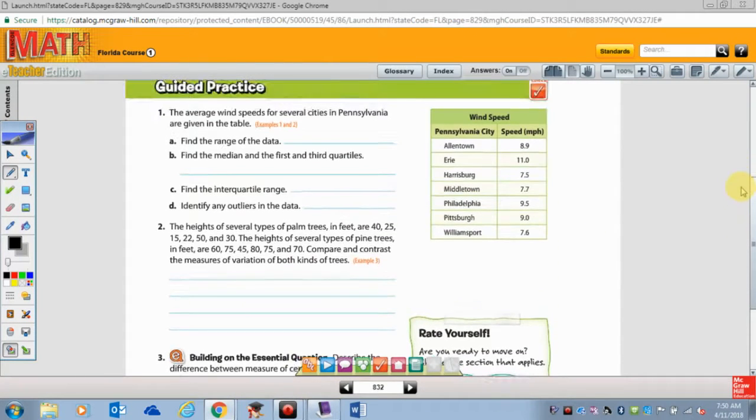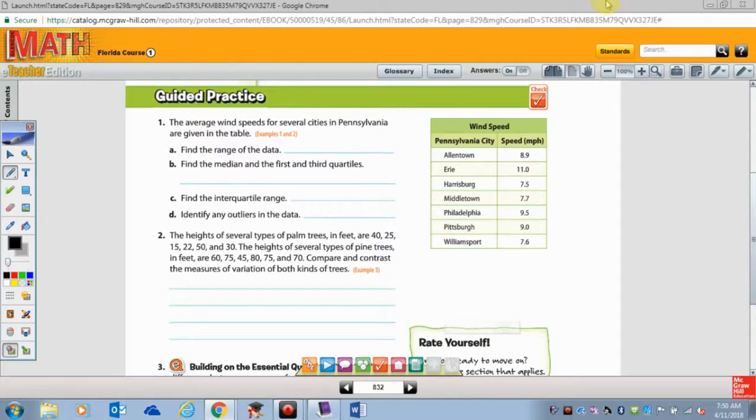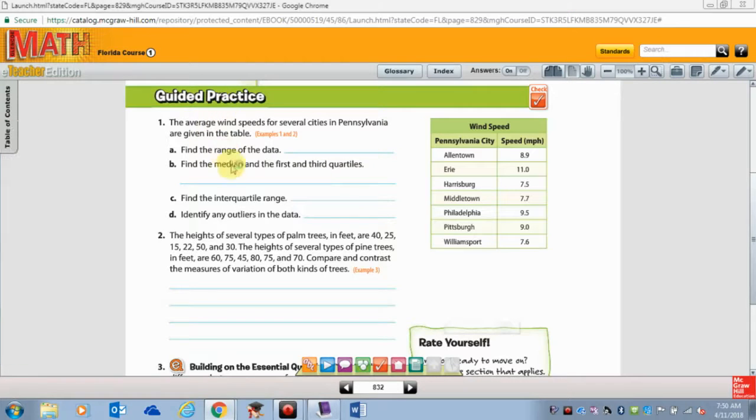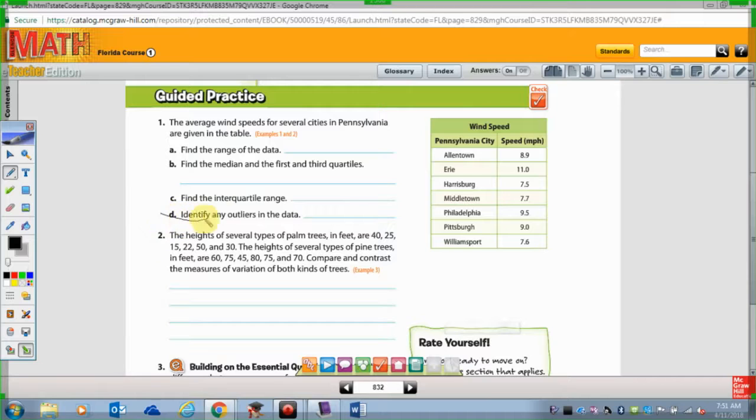Alright, so I'm going to come over here and have a sample problem. We've got to answer all these things, and we're not going to mess with outliers right now, so we're going to go ahead and scratch that one out. So we look at this and we have to line it from least to greatest. So the least one I see is 7.5. Scratch it out. Then I see 7.6. Knock it out. 7.7.